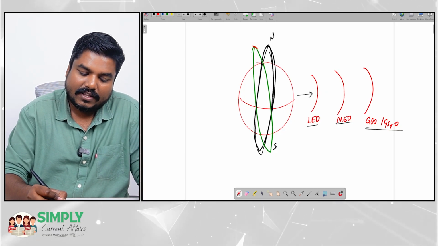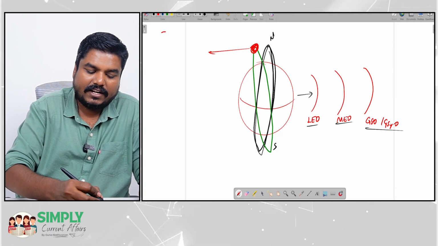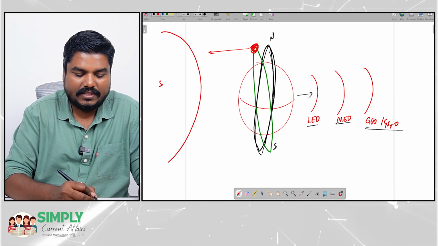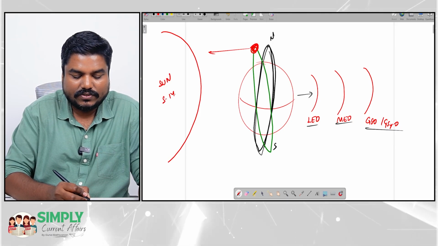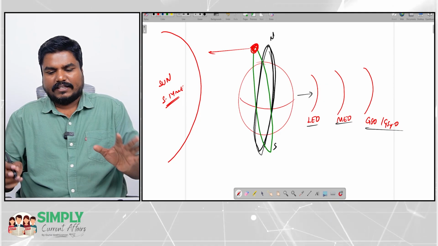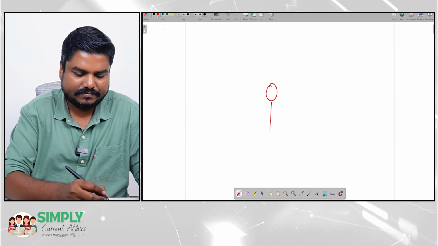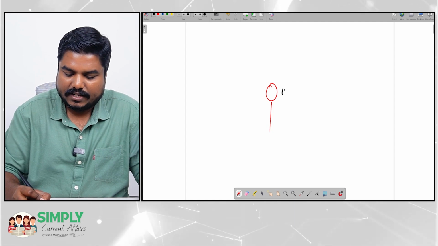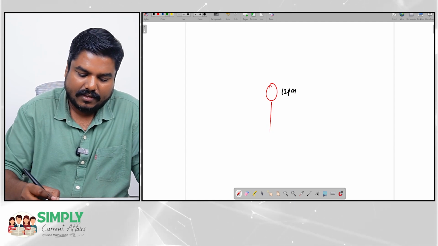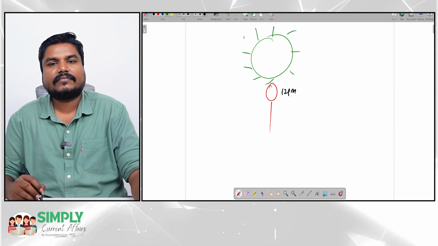Because only then, so here we have our satellite. We have to sync our satellite with the solar time, with the sun's timing. See, let's assume Guna is standing here. Today at 12 p.m. the sun is exactly overhead.